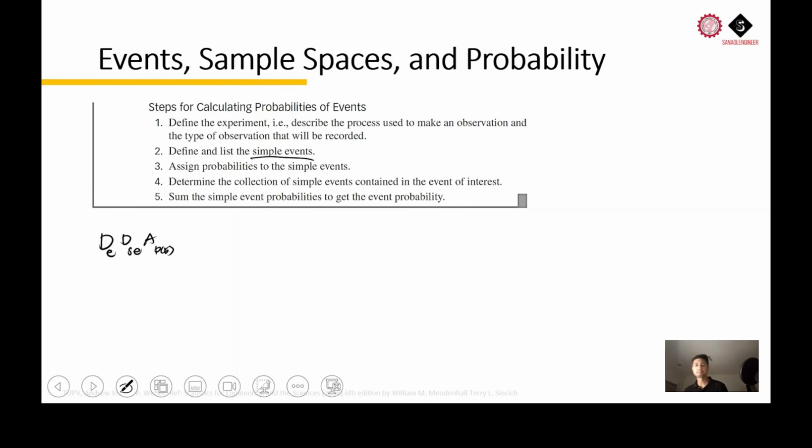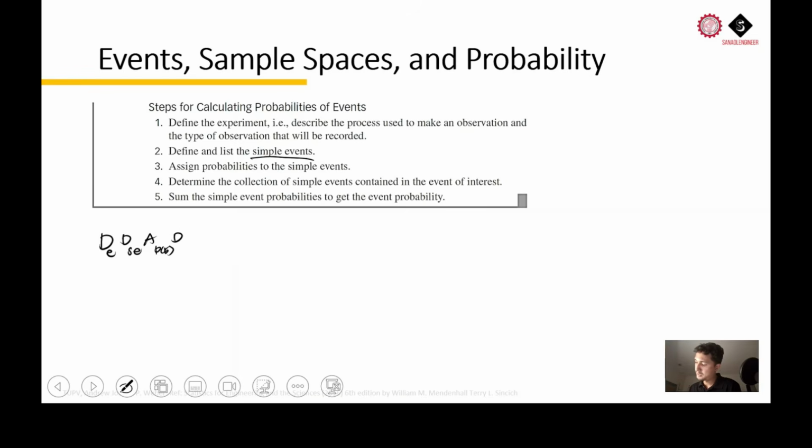That makes sense, right? After that, step 4, you have to determine the collection of simple events contained in the event of interest, of course, because most of the time the question is not about a simple event, but about an event, or a specific collection of simple events. So that's the fourth step.